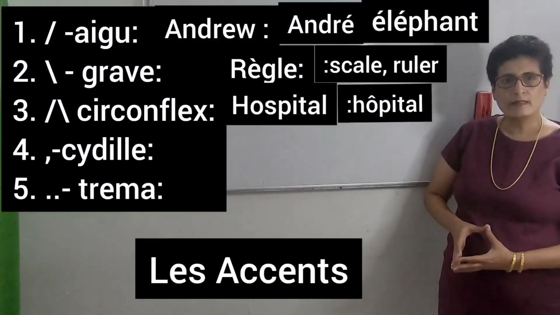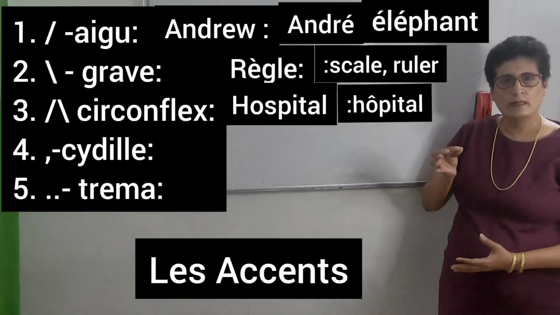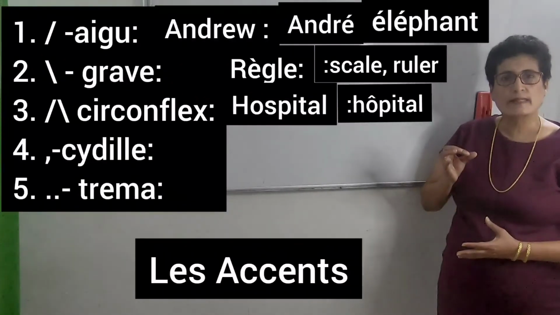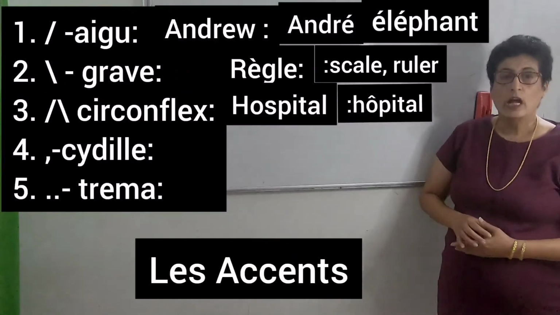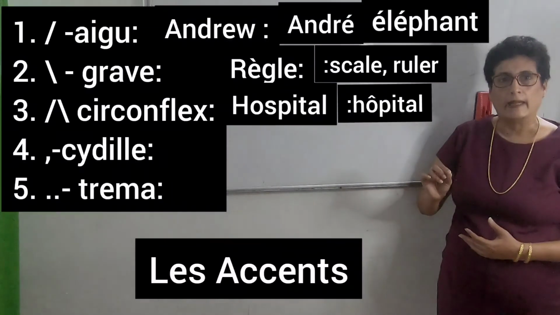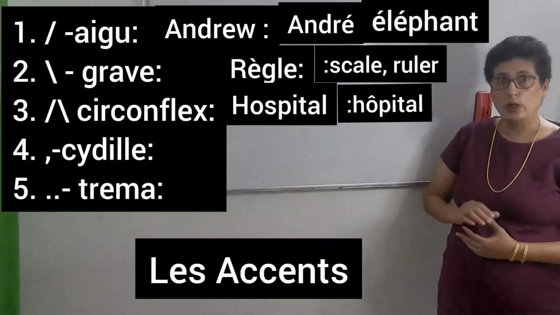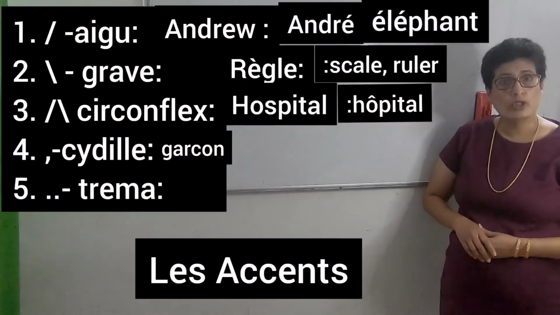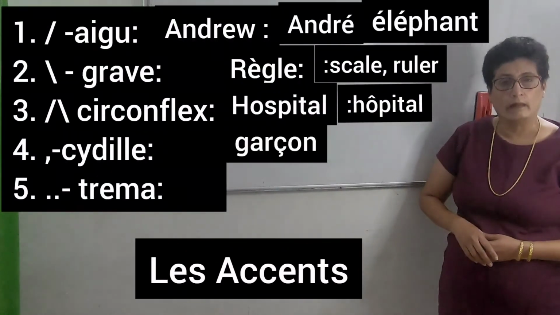The next accent is the cédille. And the cédille is an accent which is placed below a C to change the sound of a C from a K to an S. It is only placed on a C that is followed by an O or an A. And so, when I put this word without the accent, and if I pronounce it, it would be garkon, because the C doesn't have a cédille.